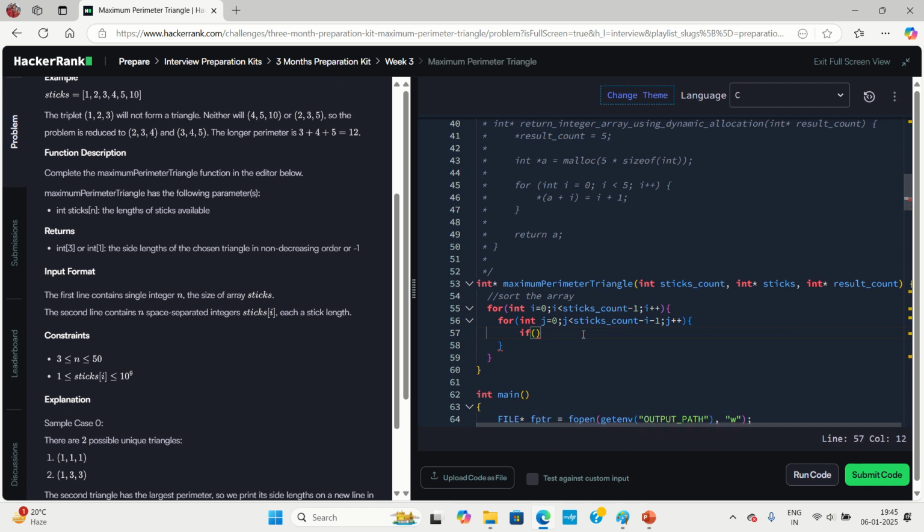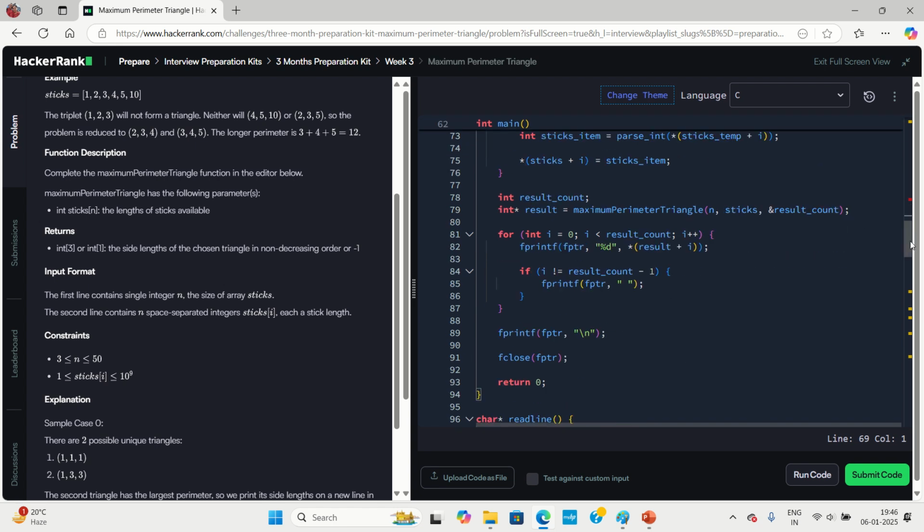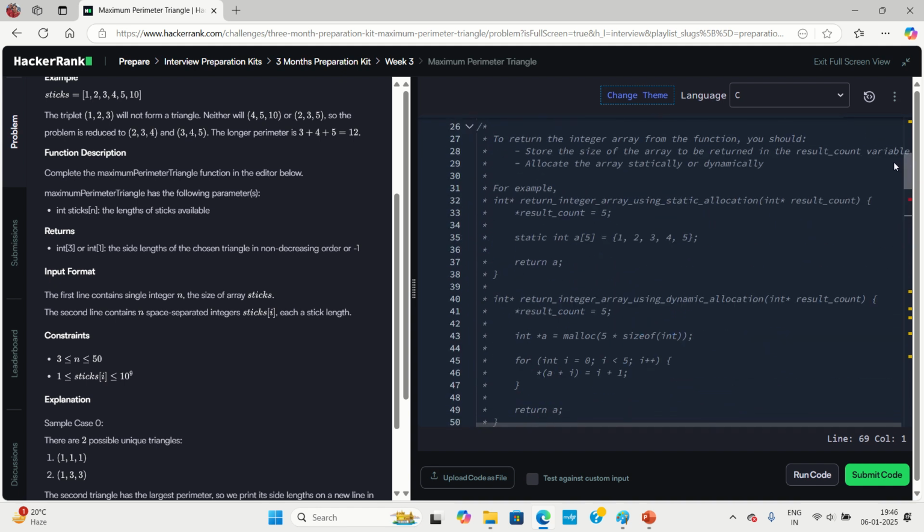Fine. See, this is a dynamically allocated array. If we see the main function, they have dynamically allocated the sticks count array. How we are going to access the elements in case of dynamic memory allocation, I have already discussed in my dynamic memory allocation lecture.